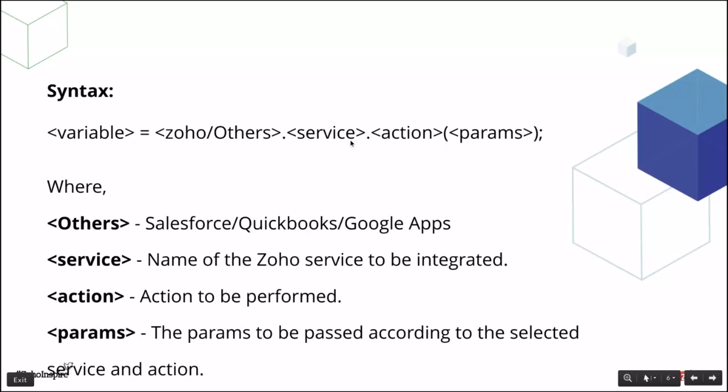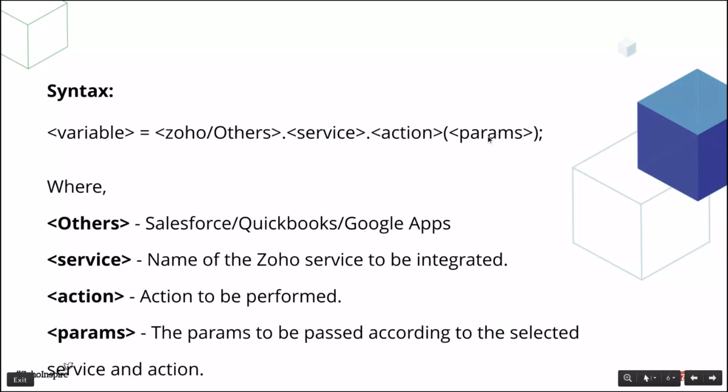And action means whether you want to fetch a record, create a record, update a record, delete a record, or search for a record. These are the possible actions that can be performed over the service you choose, and for which you will have the relevant parameters passed.